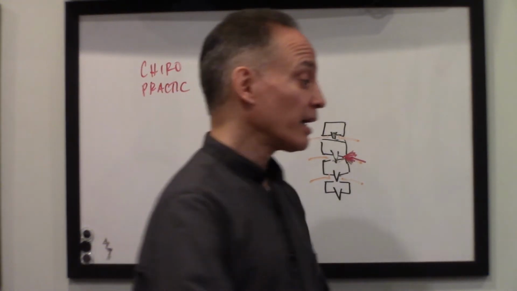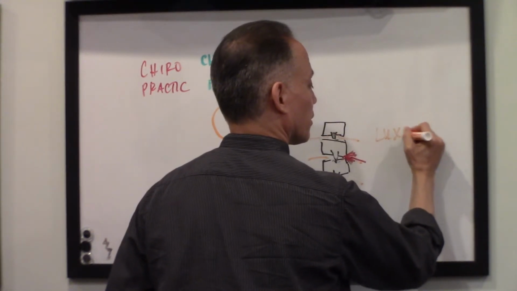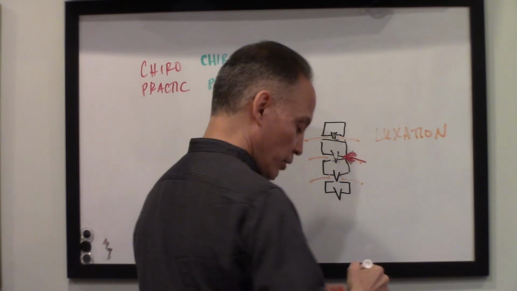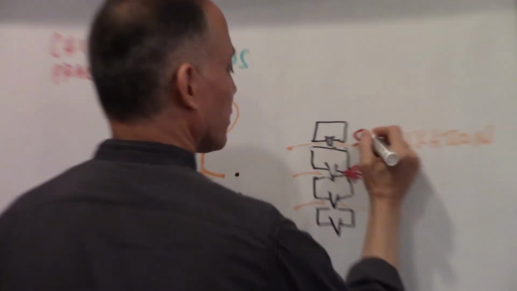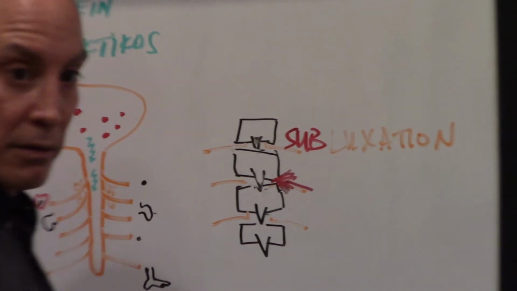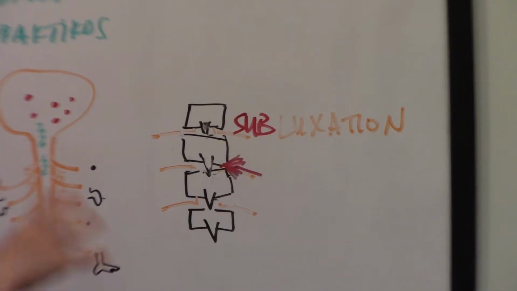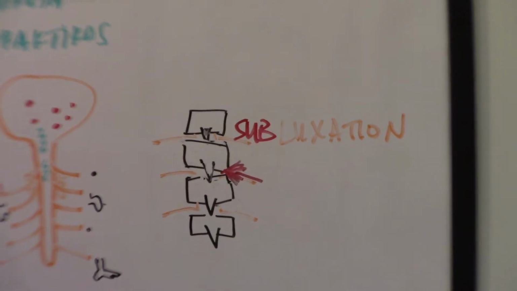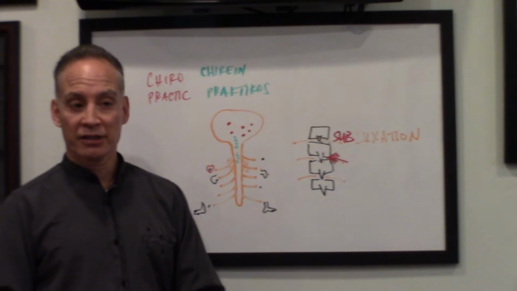So we know what a luxation is. And we know what a subluxation is. Okay? And the most important thing, chiropractically speaking, even though, listen, pain sucks. I don't like pain. I don't know anybody who does. Dysfunction sucks.